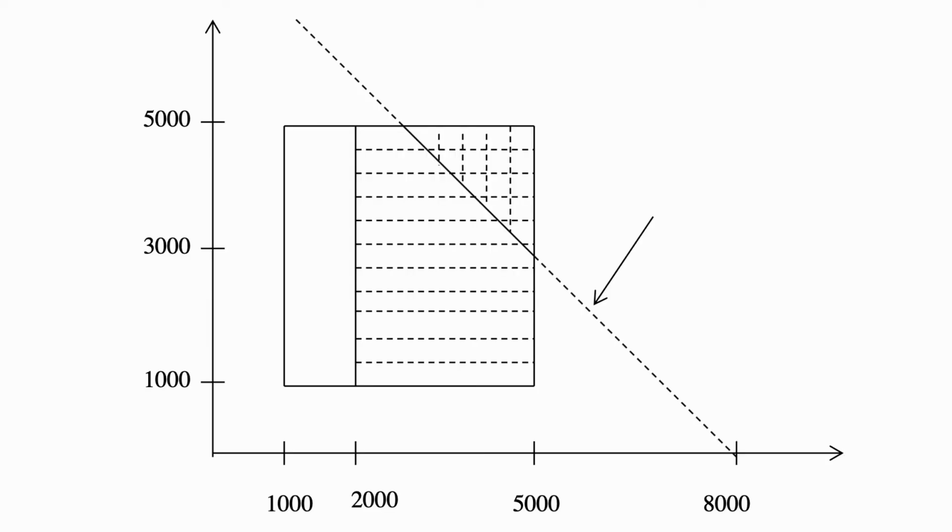And here's a picture. It shows what's going on in this problem. So we have losses for X between 1,000 and 5,000, for Y between 1,000 and 5,000. And this square is where the joint distribution has positive density.